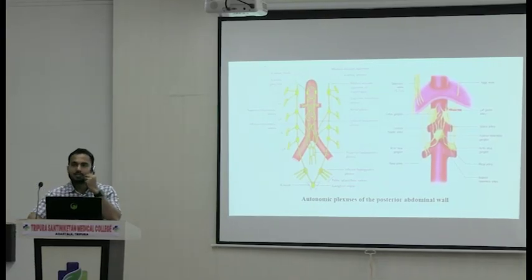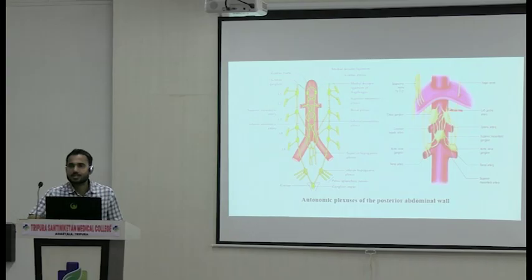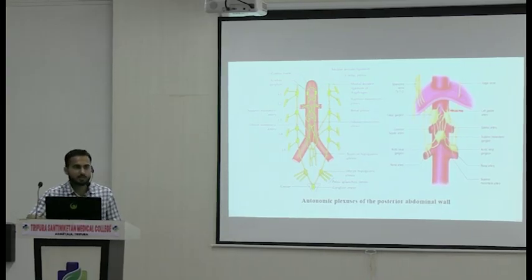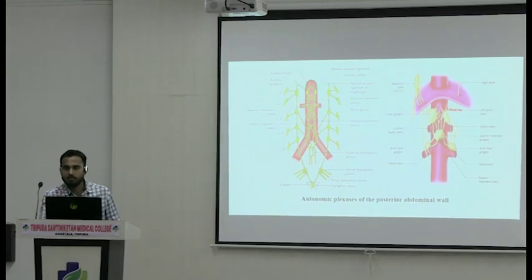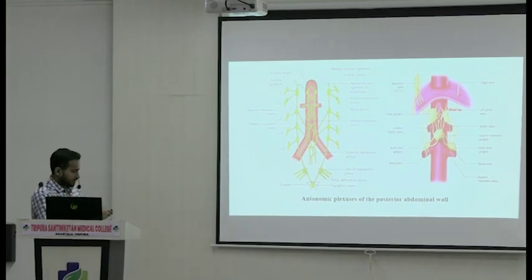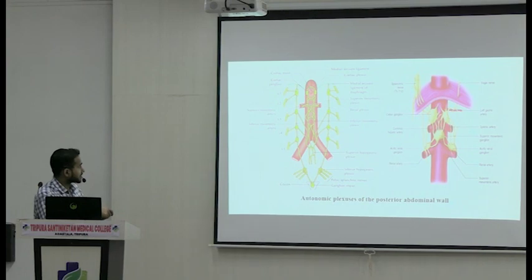Now, I hope you remember that several times I have mentioned the celiac plexus while explaining the nerve supply, but I have not shown it until now. These are the autonomic plexuses situated on the posterior abdominal wall. Here you can see the diagram: the celiac plexus, the superior mesenteric plexus, and the inferior mesenteric plexus.